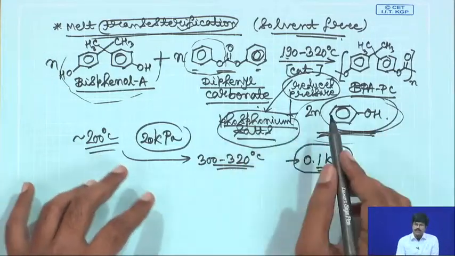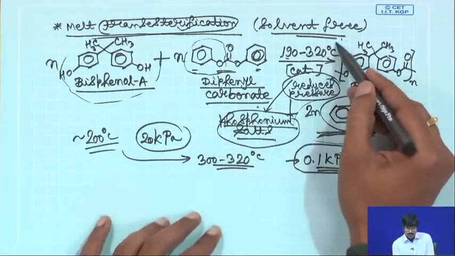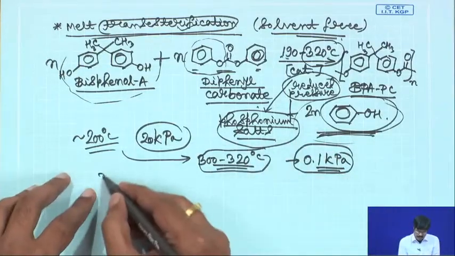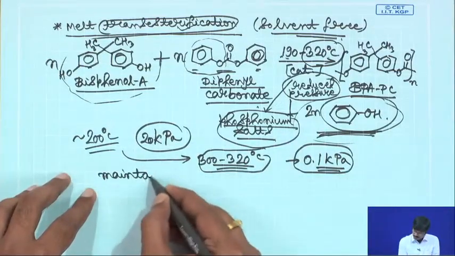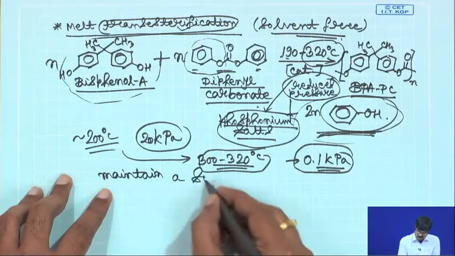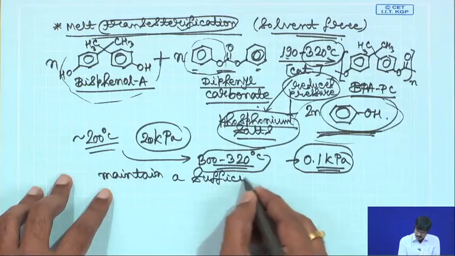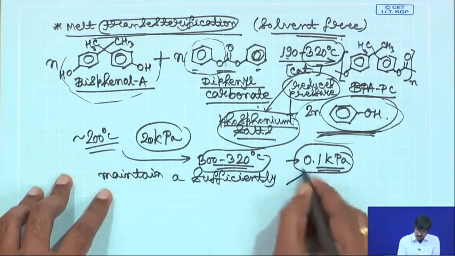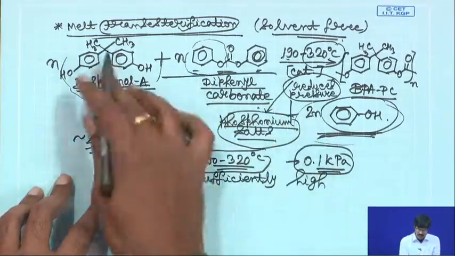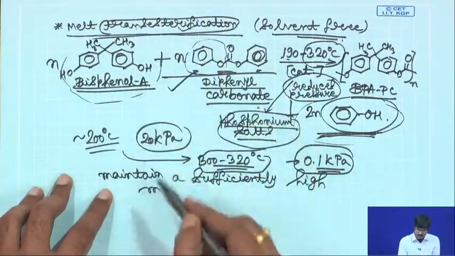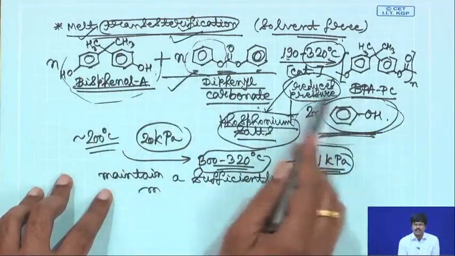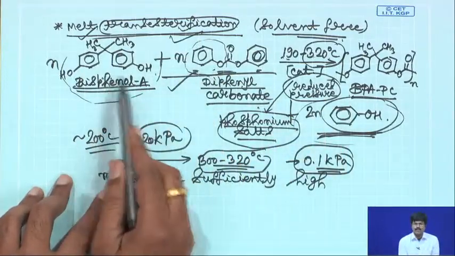So, towards the end of the reaction you have to use quite high temperature, because you need to maintain a sufficiently high melt flow. Now, the reaction is done in molten condition, these two will be in molten state, that is why it is a melt transesterification, because this is a process of transesterification. As you can see, this alcohol is replaced by this alcohol.